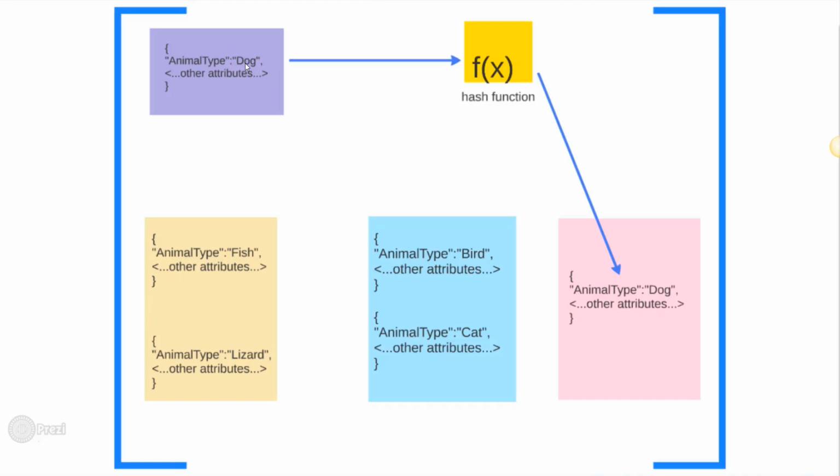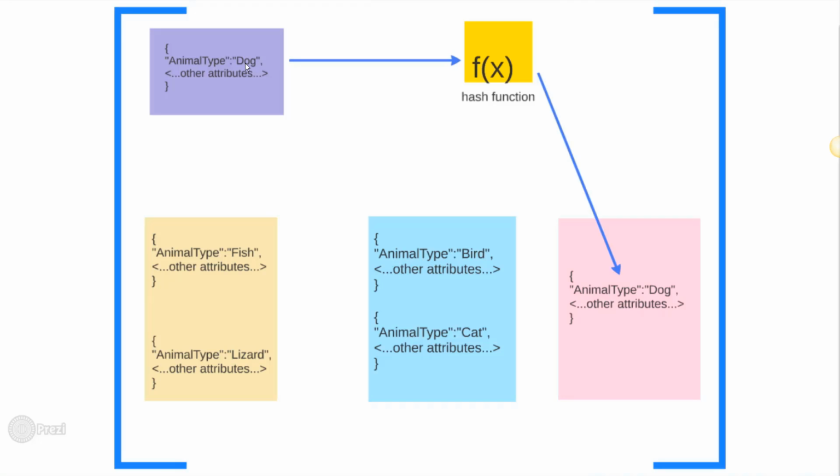DynamoDB stores and retrieves each item based on its primary key value. To write an item to a table, DynamoDB uses the value of the partition key as input to a hash function.